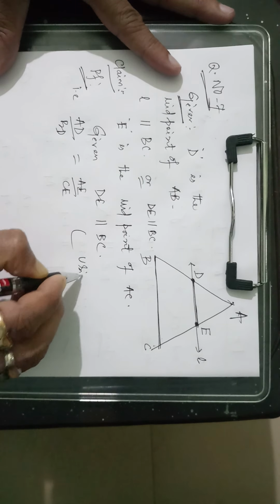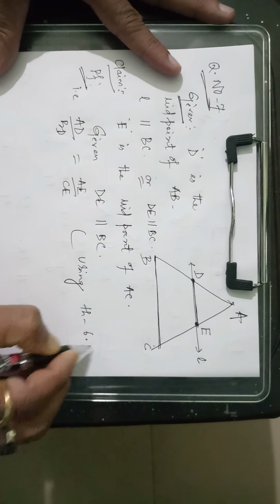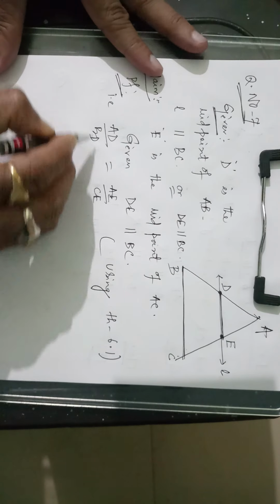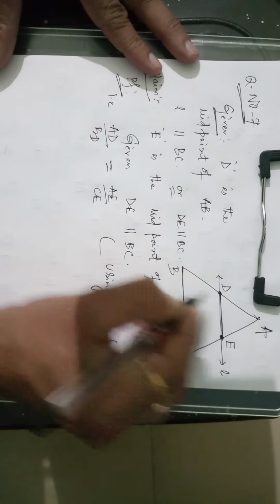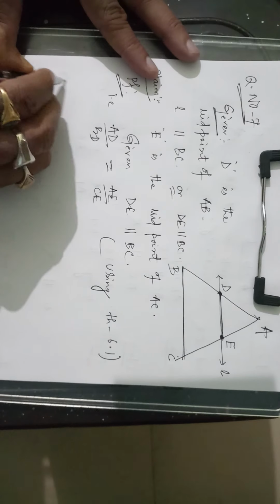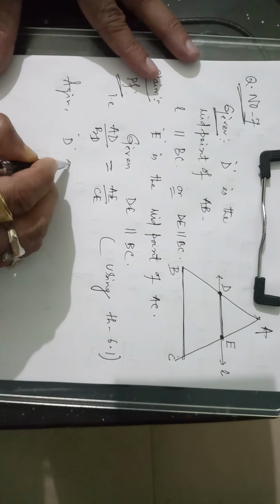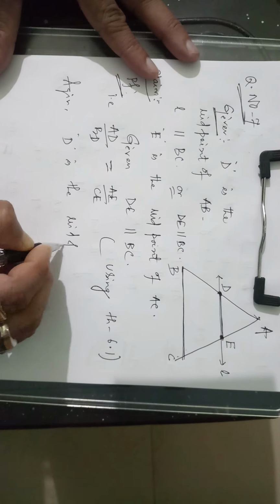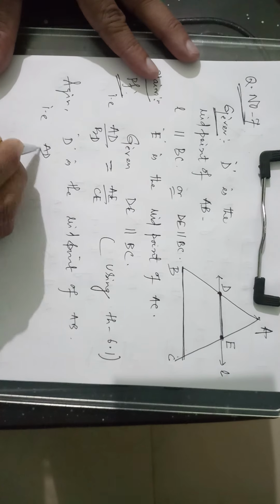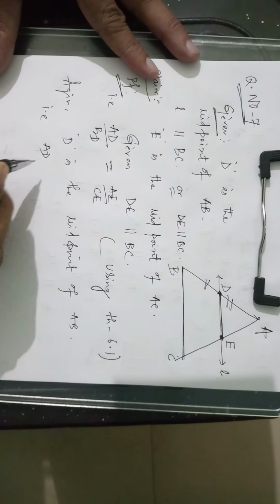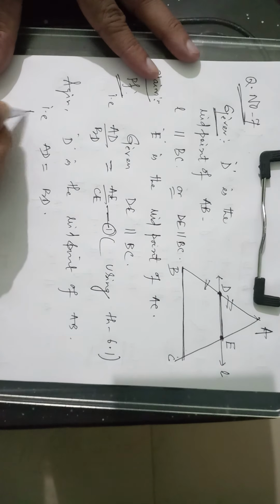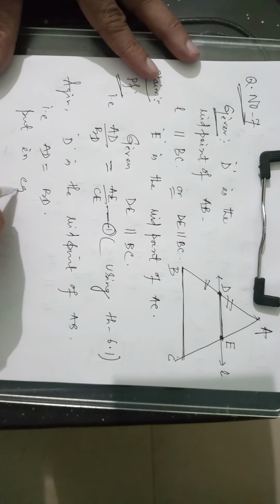Also it is given that this side is bisected by L. That means D is the midpoint of AB. If D is the midpoint, then AD is equal to BD. Therefore AD is equal to BD. So put this in equation 1.